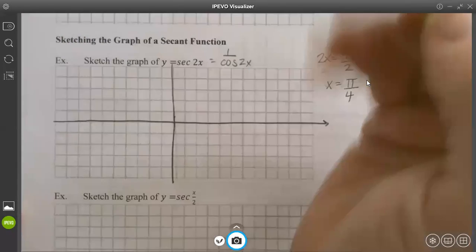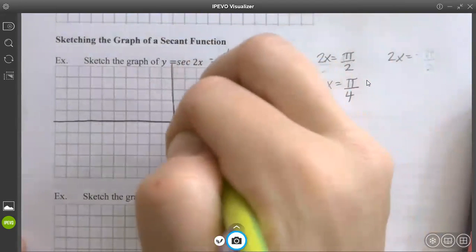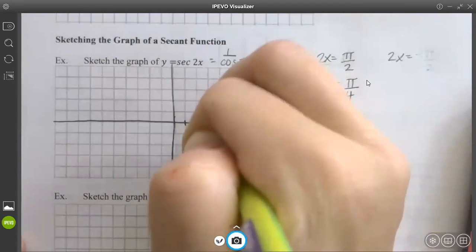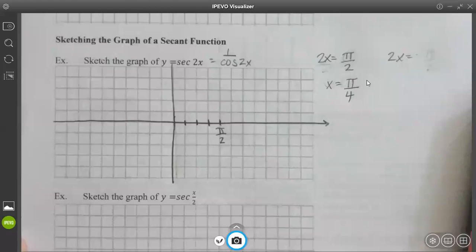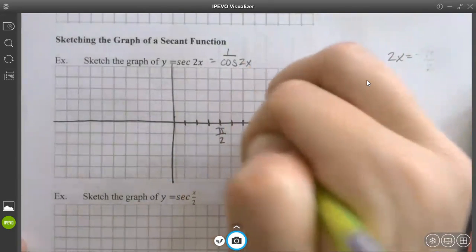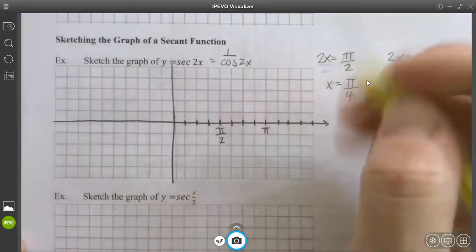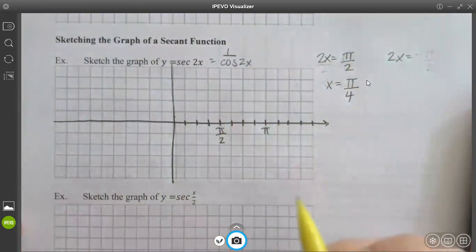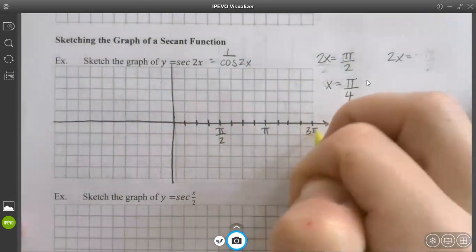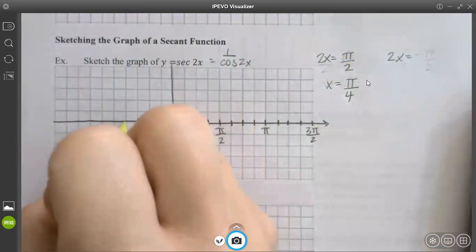Okay, so let's graph these. I did pi over 2. This one was pi. This one would be 3 pi over 2. Same thing on the other side.